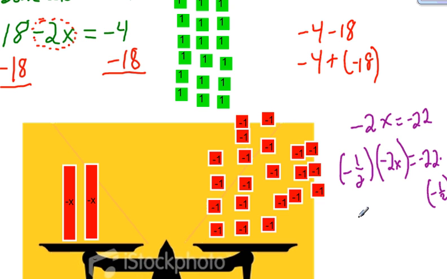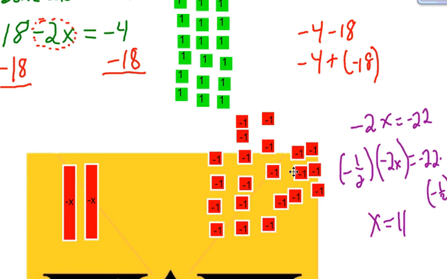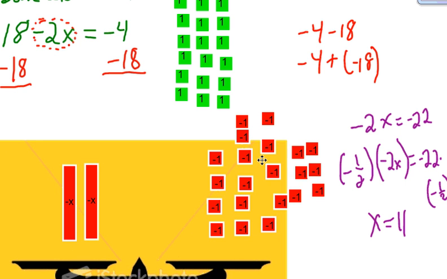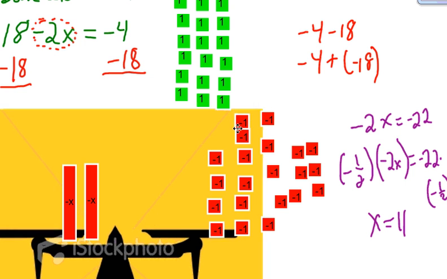And so I end up here with, the math would tell me 2 negatives make a positive, half of 22 is 11, so it would tell me that I have 11 positives, all right? So I took half of these, so I really need to remove 11 of these. I can do that, I think, fairly quickly.